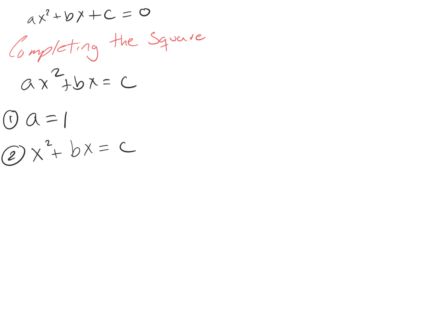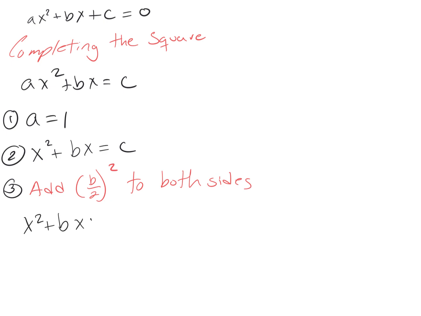We just did. The third step is to add b over 2 squared to both sides. So it would be x squared plus bx plus b over 2 squared equals c plus b over 2 squared.